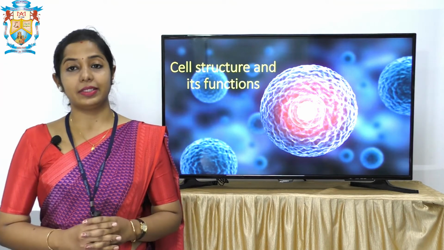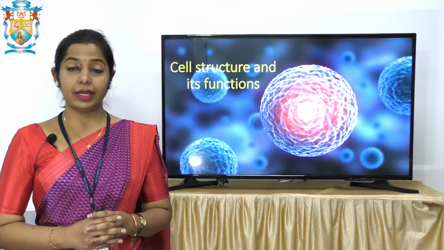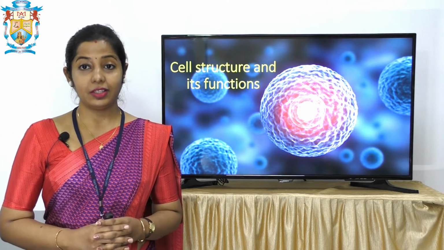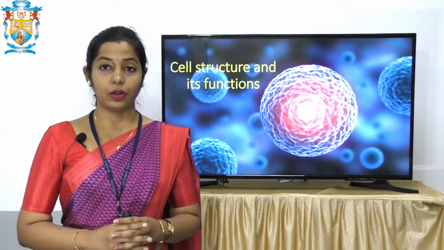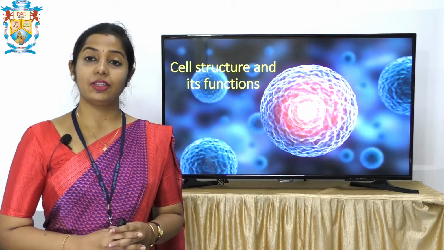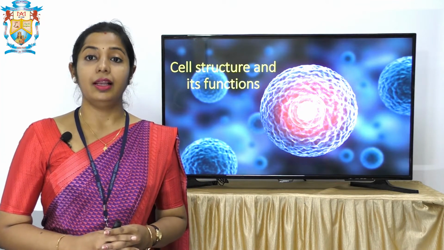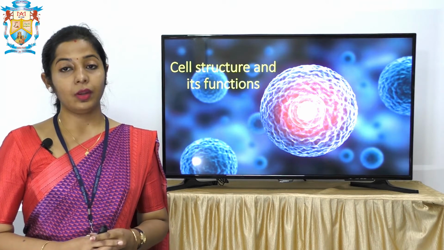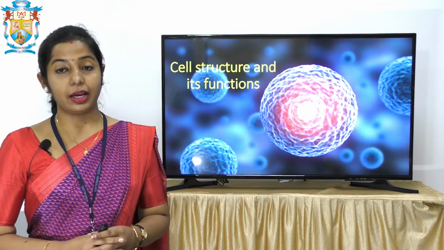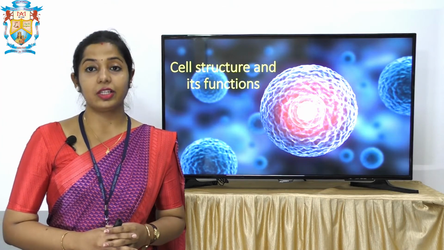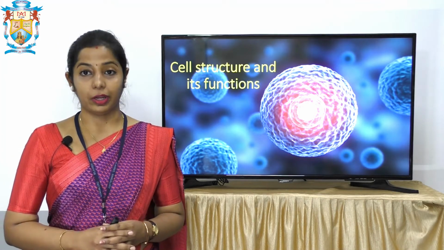All living organisms are classified on the basis of cell structure into two groups, that is eukaryotes and prokaryotes. Prokaryotes are like bacteria and eukaryotes are like plants, animals and fungi. Now what are these eukaryotic and prokaryotic cells? All these cells share four key components.